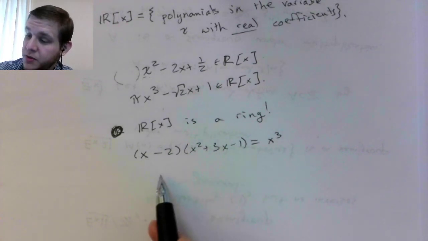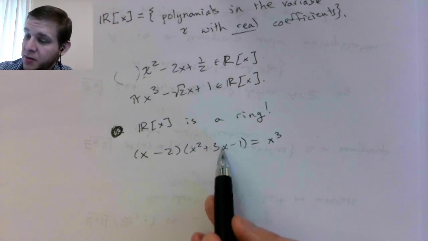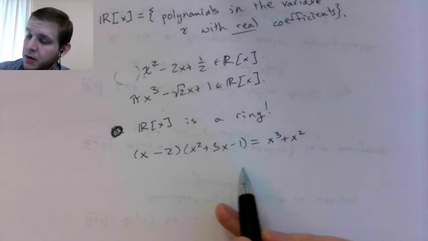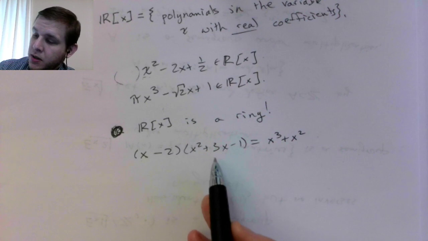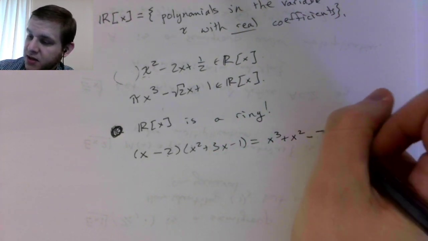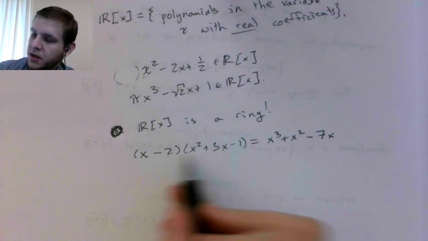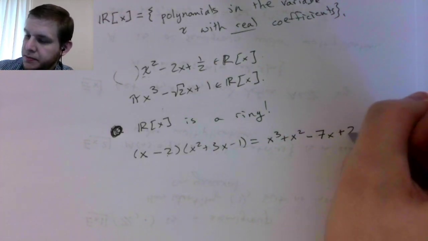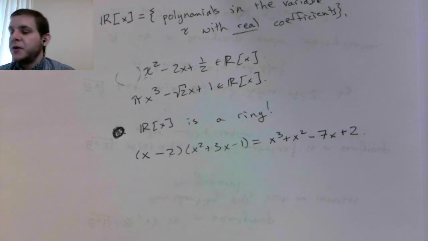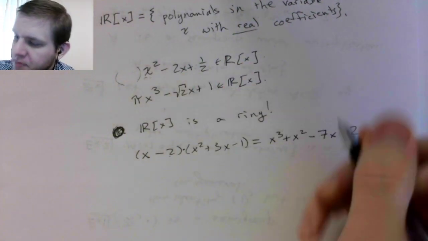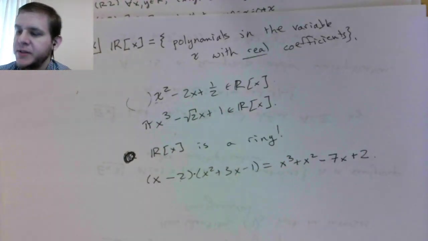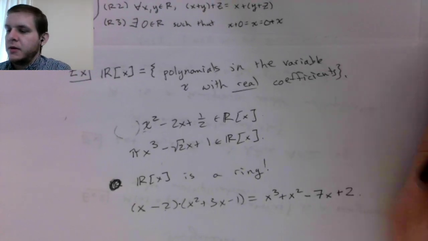There's one x cubed. Let's find the x squared terms. Here I get a plus 3x squared minus 2x squared, so plus x squared. What's the x term? Minus 6x minus x is minus 7x. And the constant term is 2. So whenever you give me two polynomials, when I multiply them, I still have a polynomial. So the set of polynomials is another example of a ring.